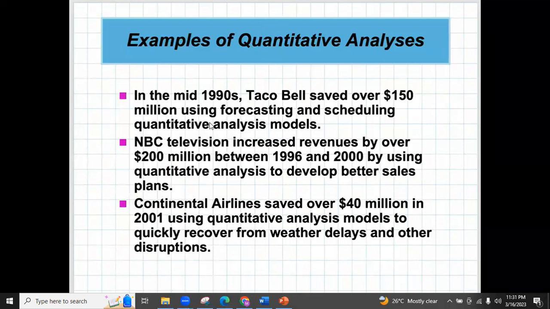You wake up the next morning with the planes, crews, and passengers not where they're supposed to be. So you need a massive linear program to say, how can we get back on schedule as quickly as possible and get the right planes in the right places, the right crews in the right places, and of course, the people that were stranded to their destinations.